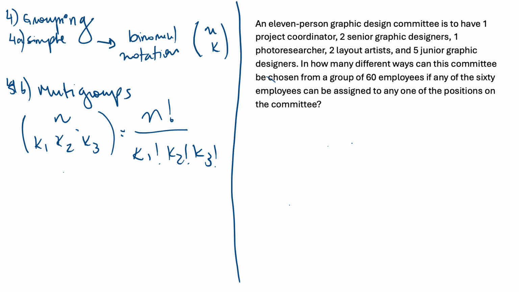If you take n things and you want to choose k1 things to form one group, k2 things to form another group, k3 things, and so on, this is the multinomial notation. For example, this notation here means that you have 3 groups, and each group has k1 elements, k2 elements, and k3 elements. Okay?